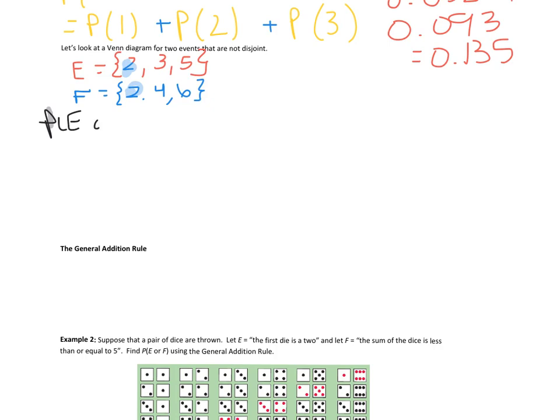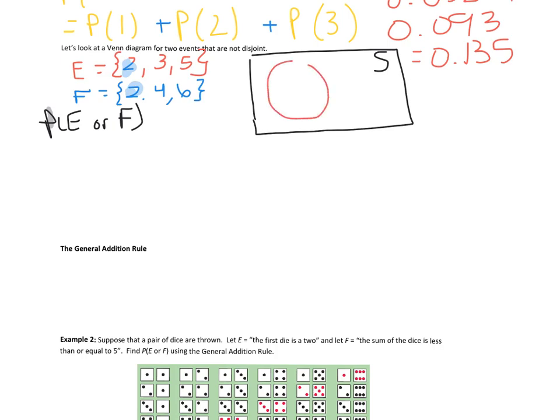So let's draw a picture. Let's draw a Venn diagram. Just as before, let's start with a rectangle. This is our sample space. And we have 2 events, and there's an outcome in common. So our circles are going to overlap. And where they're going to overlap is that 2.